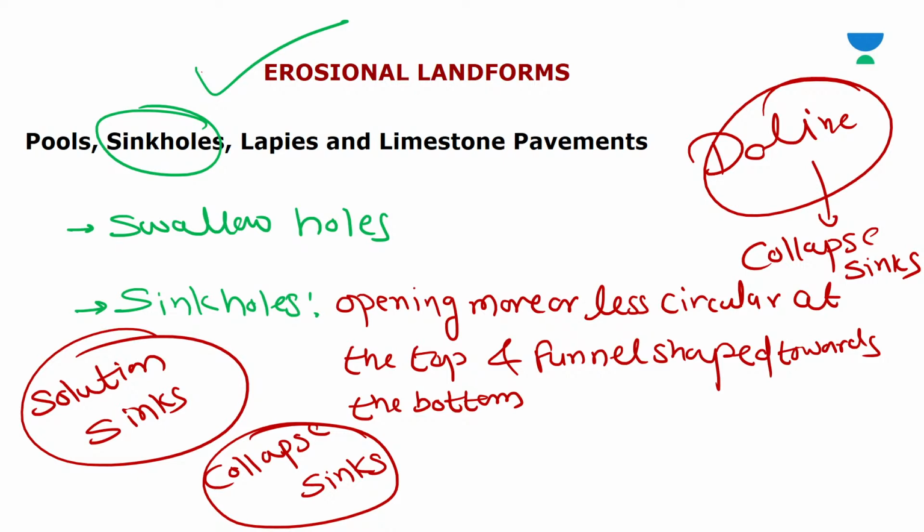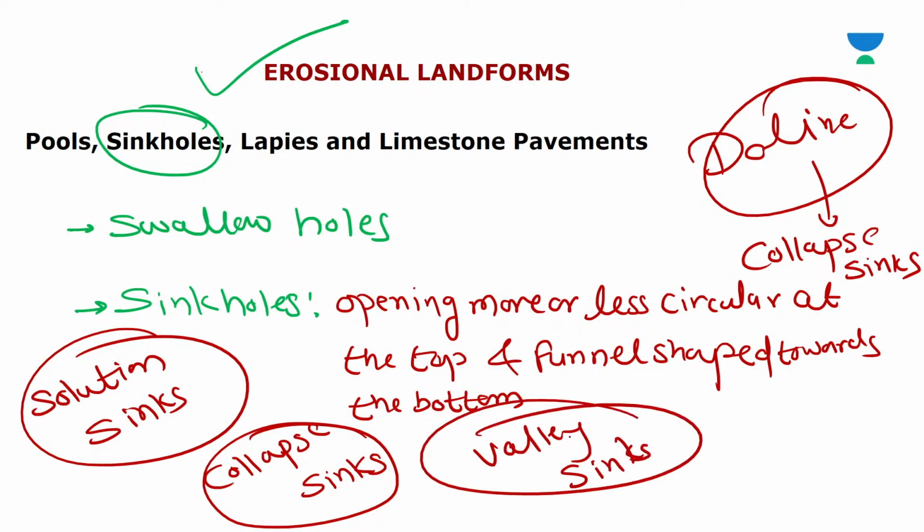long, narrow to wide trenches called valley sinks or uvalas form. So gradually most of the surface of the limestone is eaten away by these pits and trenches, leaving it extremely irregular with a maze of points, grooves and ridges or lapies.